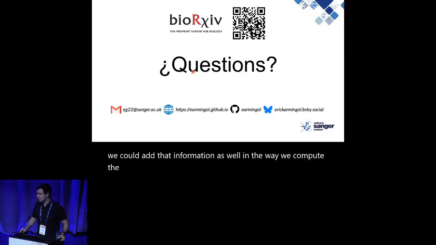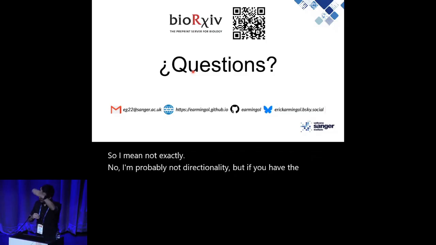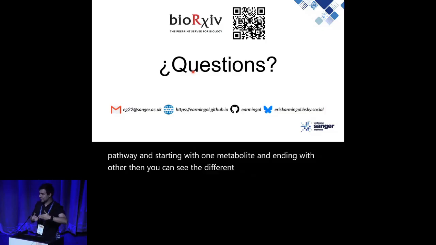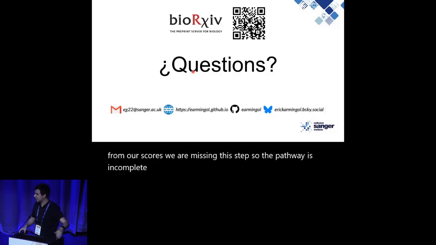By using the enrichment, we cannot do that. Not exactly the directionality, but if you have the pathway, starting with one metabolite and ending with another, then you can see the different steps and say, okay, maybe from our scores, we are missing this step, so the pathway is incomplete. So we can add that to the calculation, and we're hoping to add it eventually.